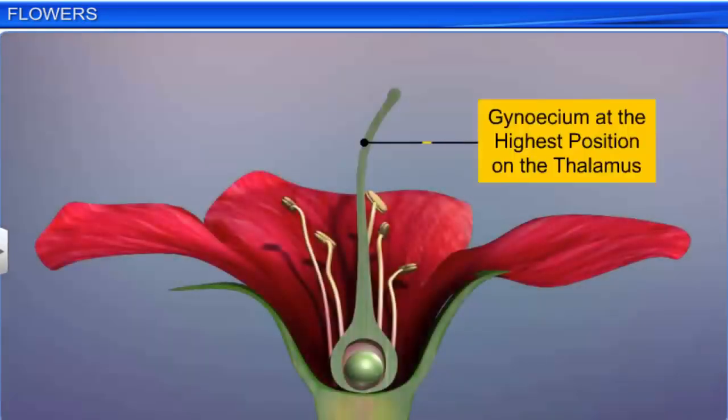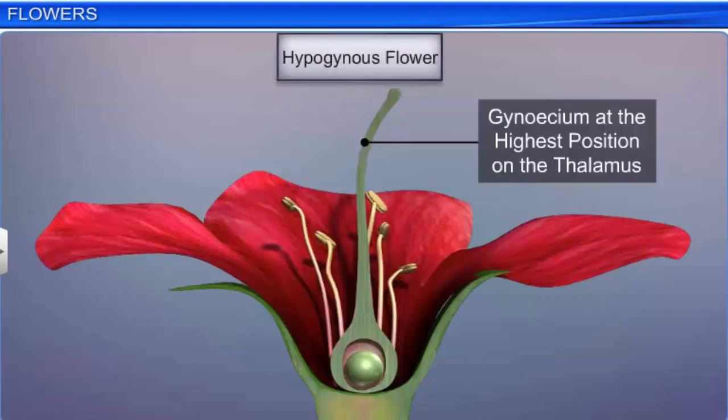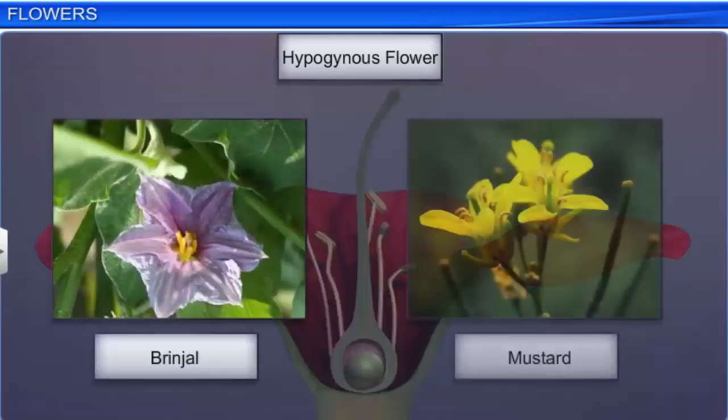When the gynecium is at the highest position on the thalamus with respect to the calyx, corolla, and the androecium, the flower is said to be a hypogynous flower. Such flowers are said to have a superior ovary. Common examples are brinjal and mustard.